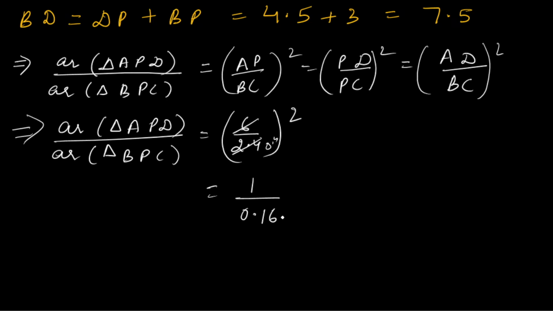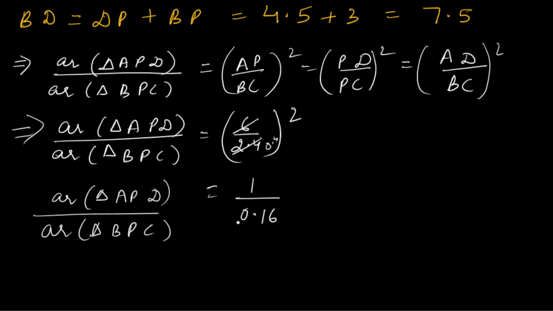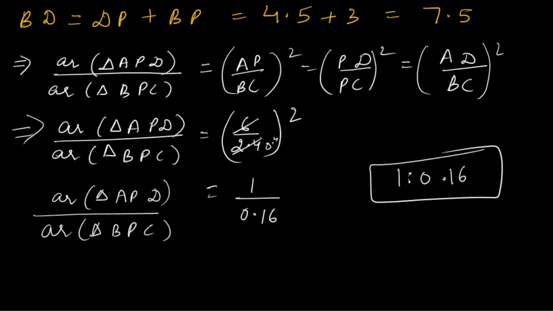So are you all getting the same ratio? Area of triangle APD to area of triangle BPC is equal to 1 is to 0.16. Is this the ratio you all are getting? By using any two other sides, it should still be the same.